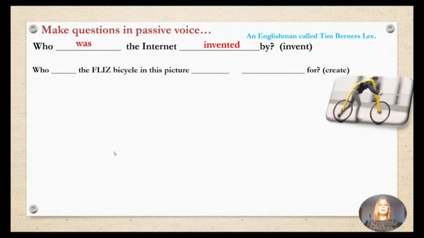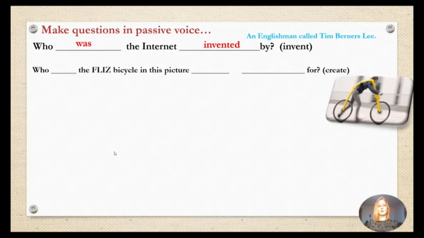Next one. This is another one of, let's call them funny inventions or crazy inventions. It is called the fleece bicycle. You can see it in this picture. And our question should be in which tense? Because we don't know when.